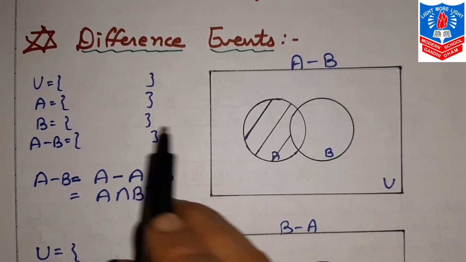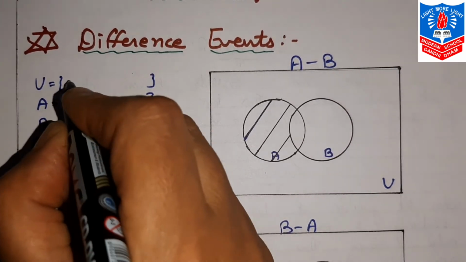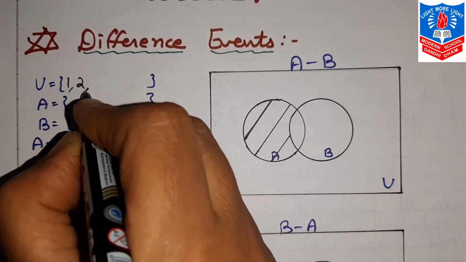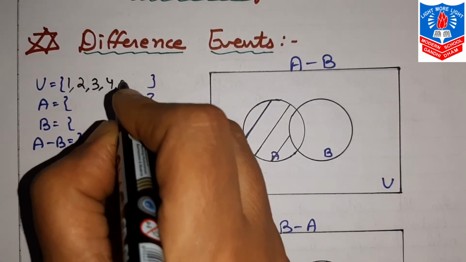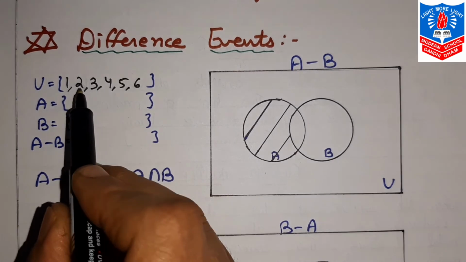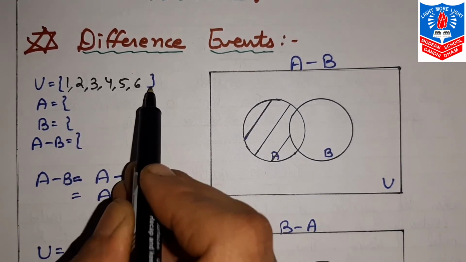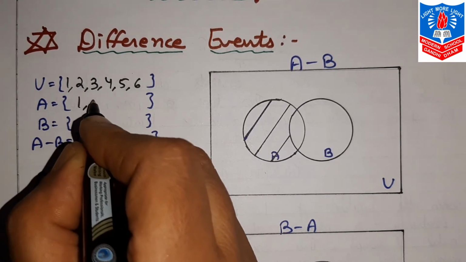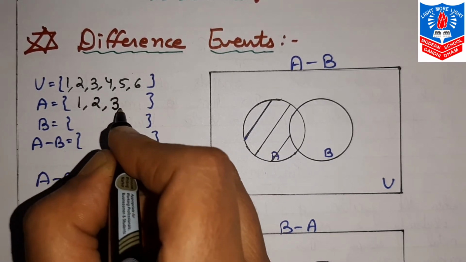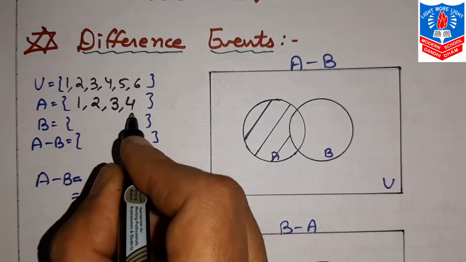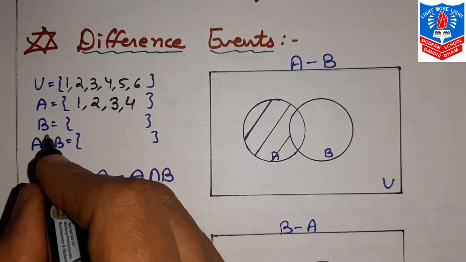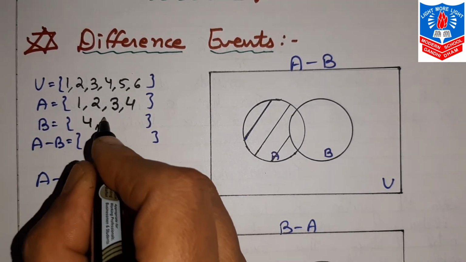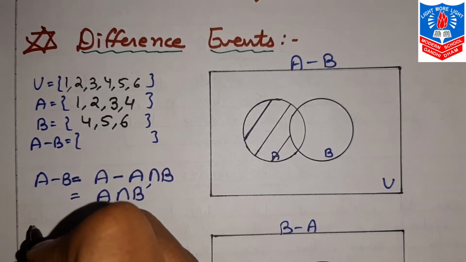First let us discuss it with an example. I am taking the same example where a 6-faced dice is thrown, so the numbers are 1, 2, 3, 4, 5, 6. Say event A is 1, 2, 3 and 4. These 4 numbers are with A, and B is 4, 5 and 6.